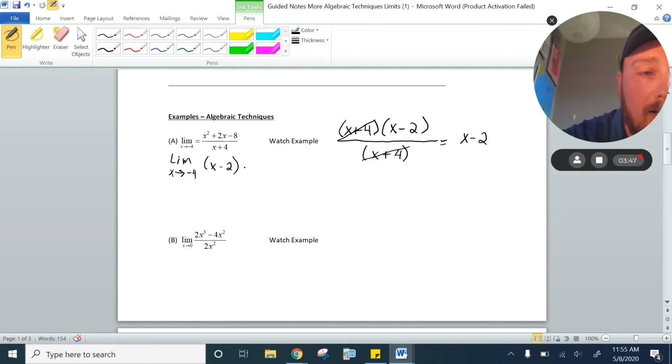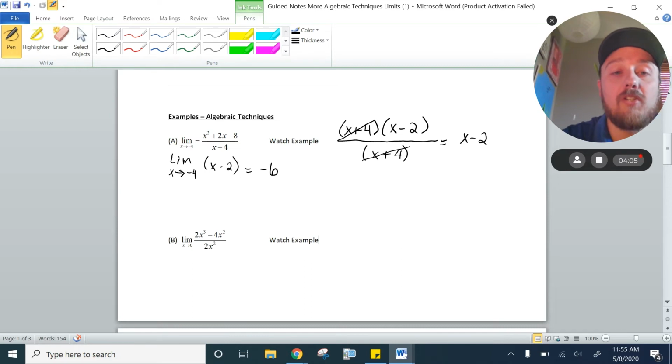Well, if we use last week's direct substitution, we now no longer have a denominator of 0. What we have is -4 minus 2, or -6. So that's the best way to approach it.